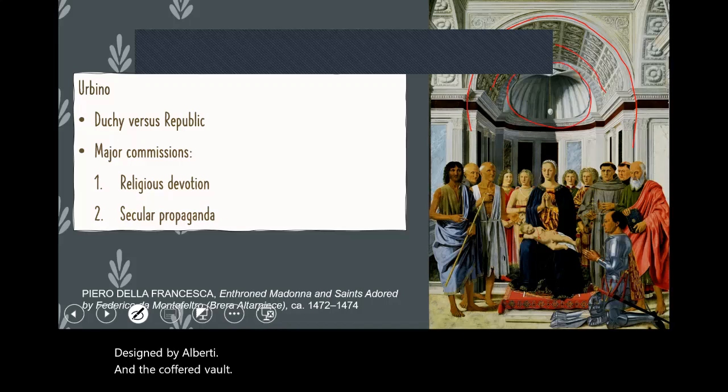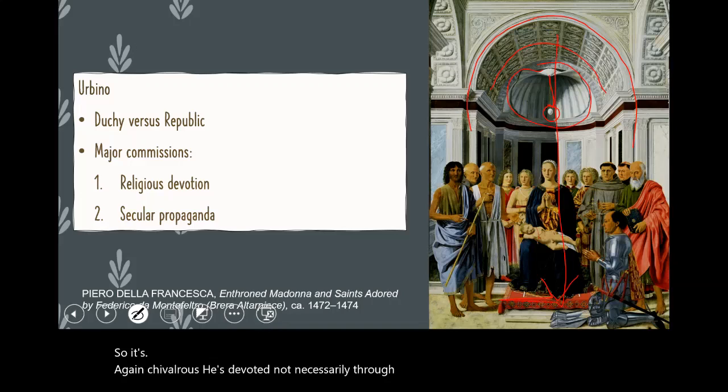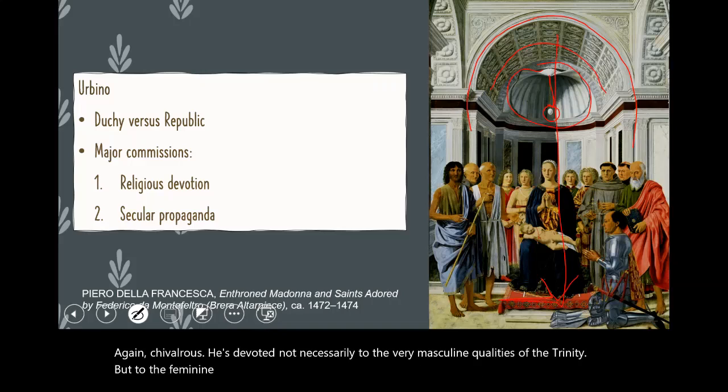But the scallop shell and the dangling egg here, those are, again, symbols of femininity, symbols of fertility and motherhood, hence why they are on the central axis with the Virgin herself. So it's, again, chivalrous. He's devoted not necessarily to the very masculine qualities of the Trinity, but to the feminine qualities of the Virgin Mary.